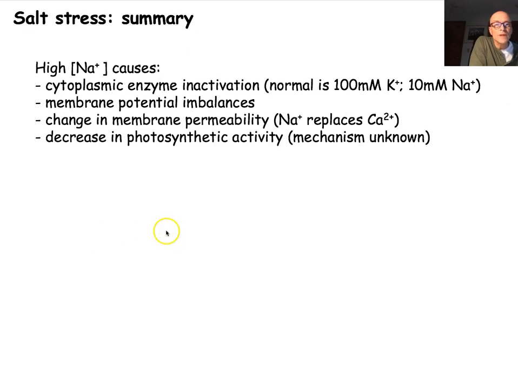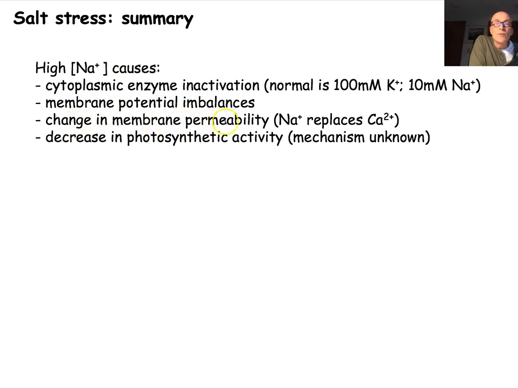So in a nutshell, high sodium causes cytoplasmic enzyme inactivation. Here are some values for normal concentrations of potassium versus sodium. Sodium chloride in high concentration causes membrane potential imbalances.